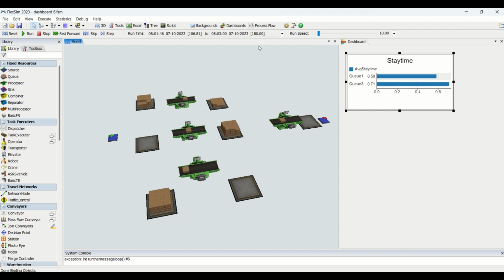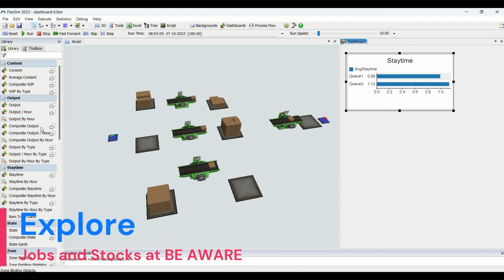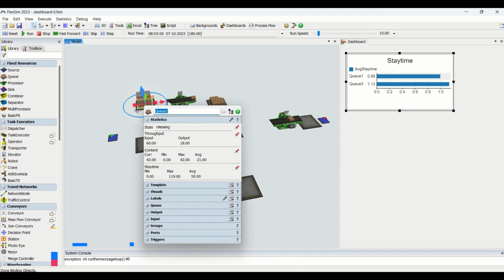The units for the model are in seconds, so we are going to run it for 3 minutes, that is 180 seconds, and look at the results. On Q1, if you double click on this buffer, this is the maximum stay time in seconds which we had, and this is the average stay time, again in seconds.